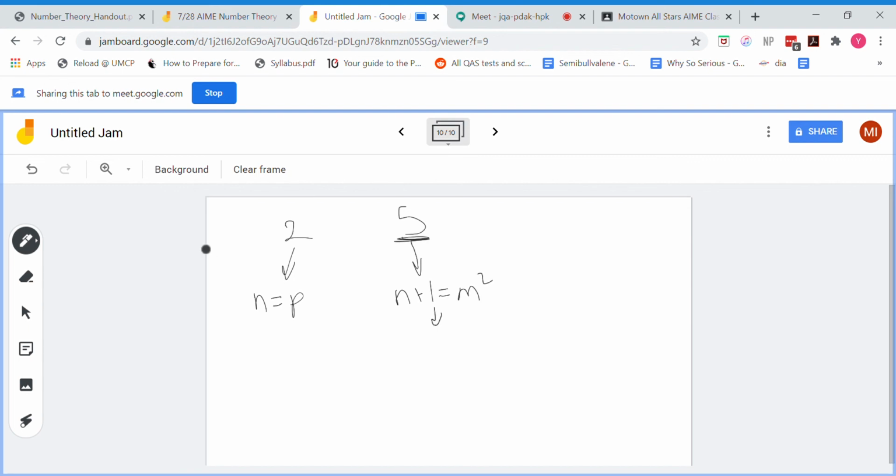Then n equals m squared minus 1, which means p, which is prime, equals m plus 1 times m minus 1. And this is obviously not possible, unless of course m equals 2, but that also doesn't work. So this case has no solutions.